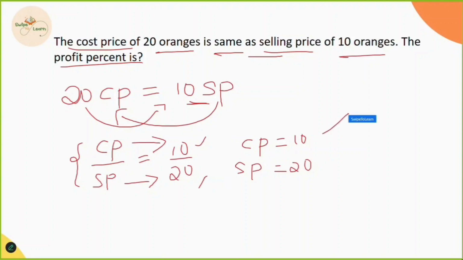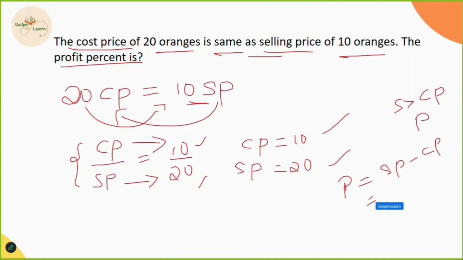See, when CP is known and SP is known, it is easy to calculate the profit. SP is greater than CP, that means that there is profit. Profit is calculated as SP minus CP. SP is 20 and CP is 10, and 20 minus 10 is 10. Profit is 10 and they're asking for the profit percent. I know you all know how to find the profit percent.